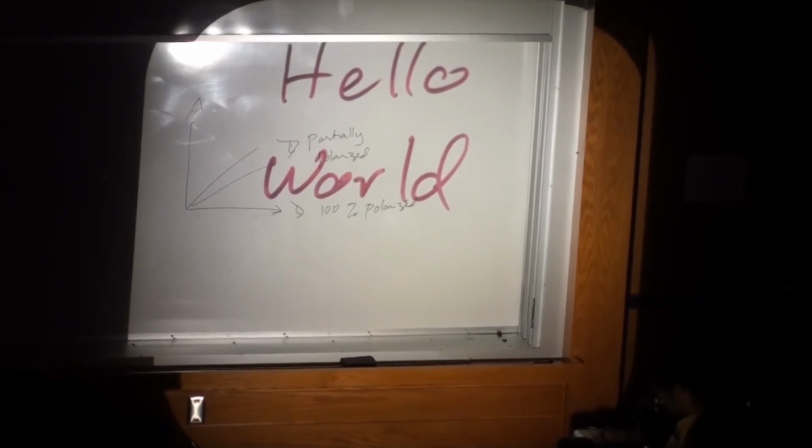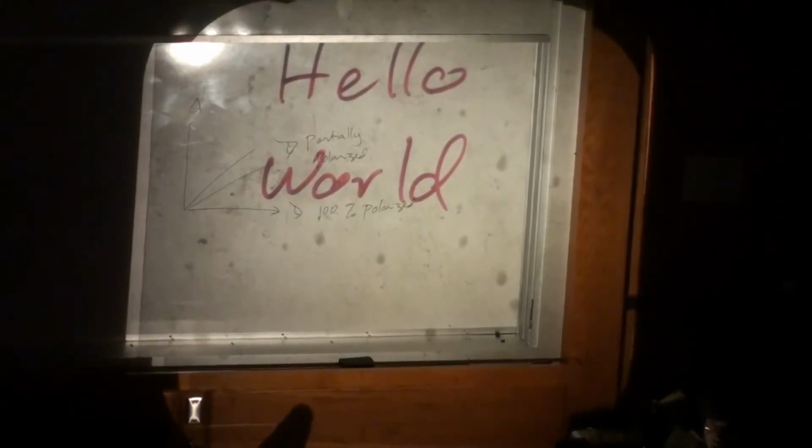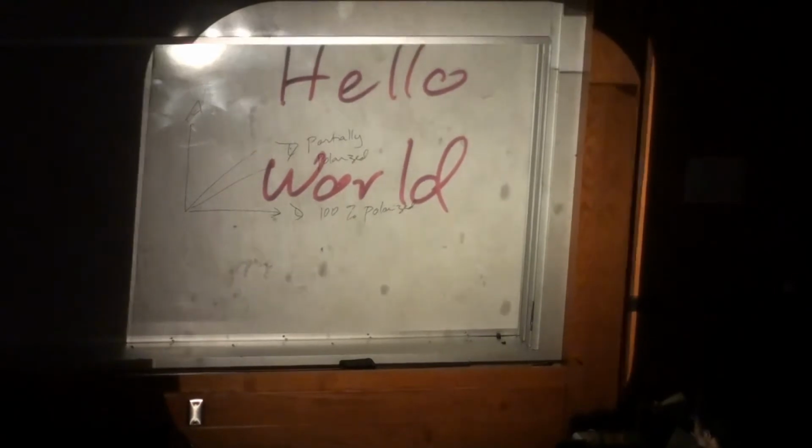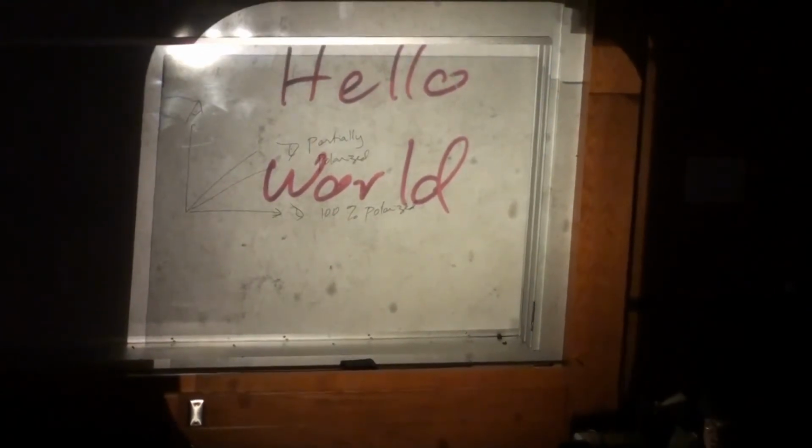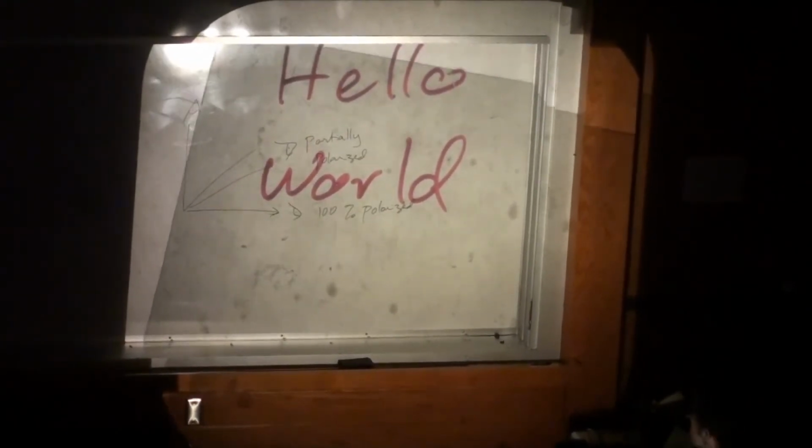So I put this on there, I wouldn't see anything. Put this on here, you can see the intensity, and if I put it partially up, I can still see that the intensity is less compared to the original. But as I turn this, gone.